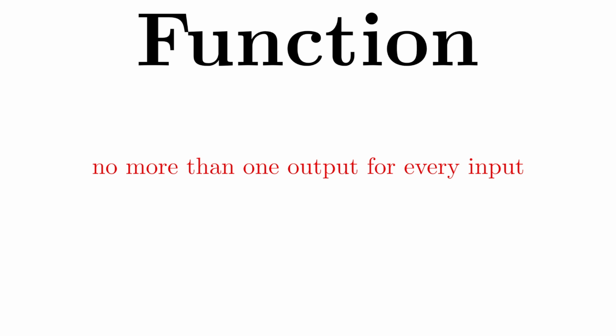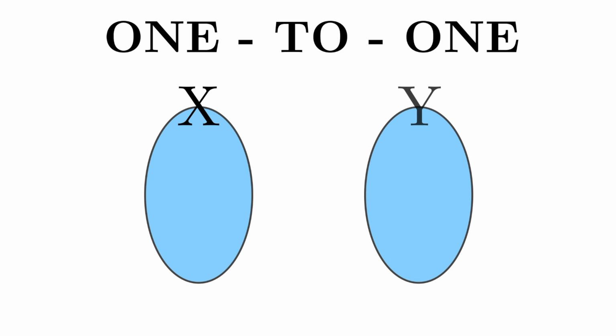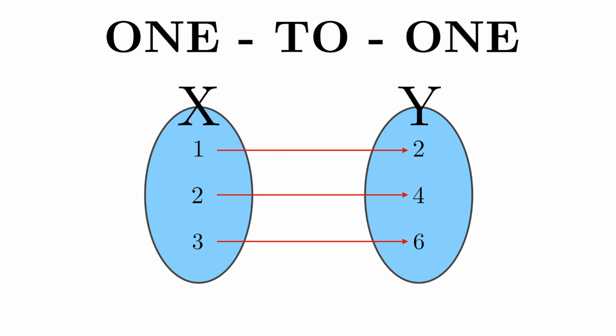So now the two main types of functions. The first is the one-to-one function. For a function to be classified as one-to-one, every output has to be related to at most one input.